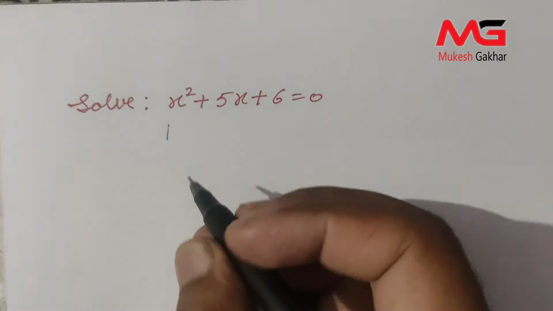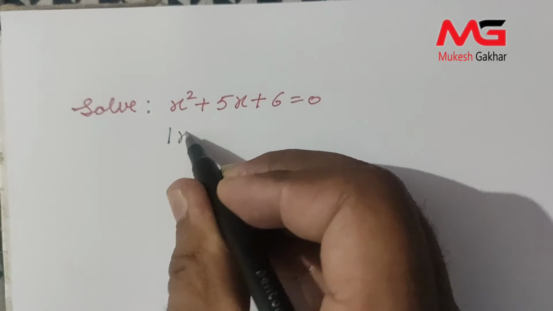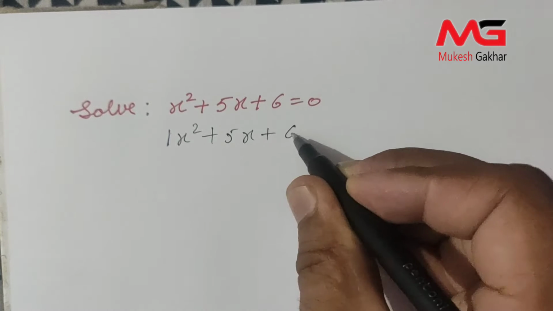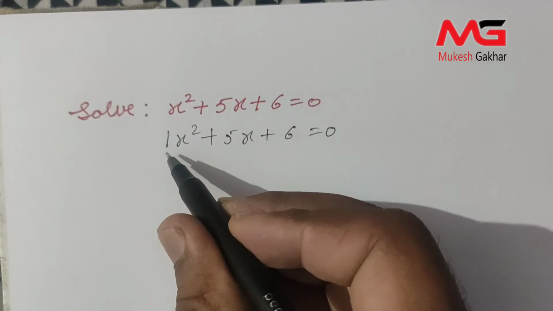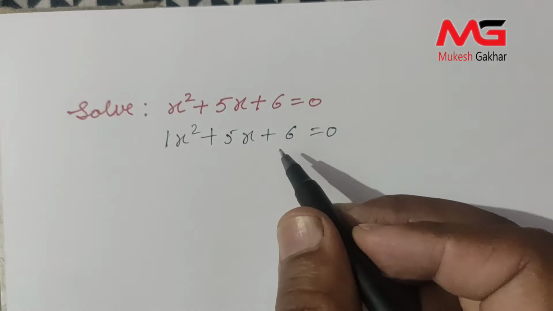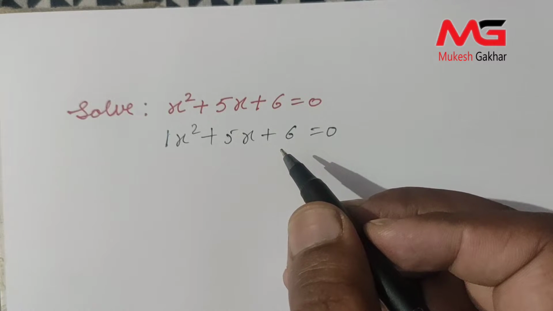We can write this equation as 1x square plus 5x plus 6 is equal to 0, where 1 is the coefficient of x square, 5 is the coefficient of x, and 6 is the constant term.